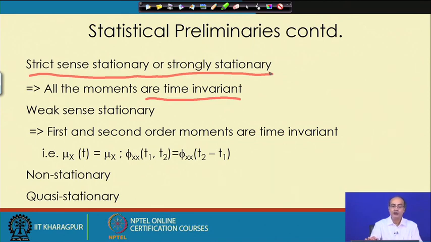But getting all the moments same is same as that the probability distribution is remaining same over the time.